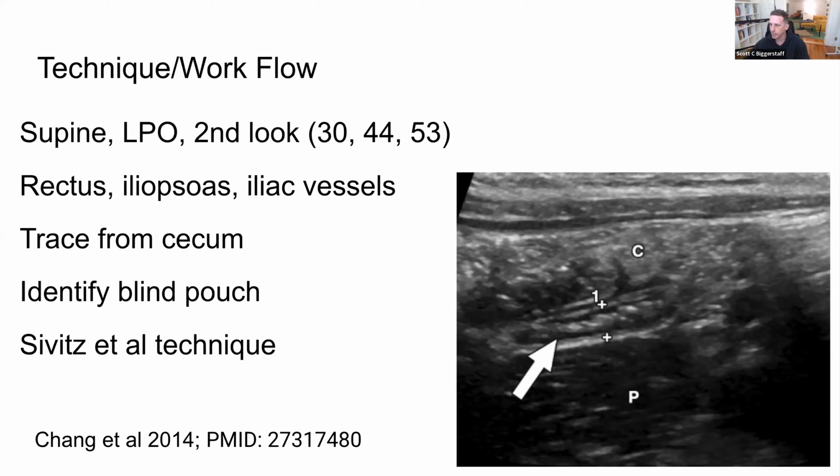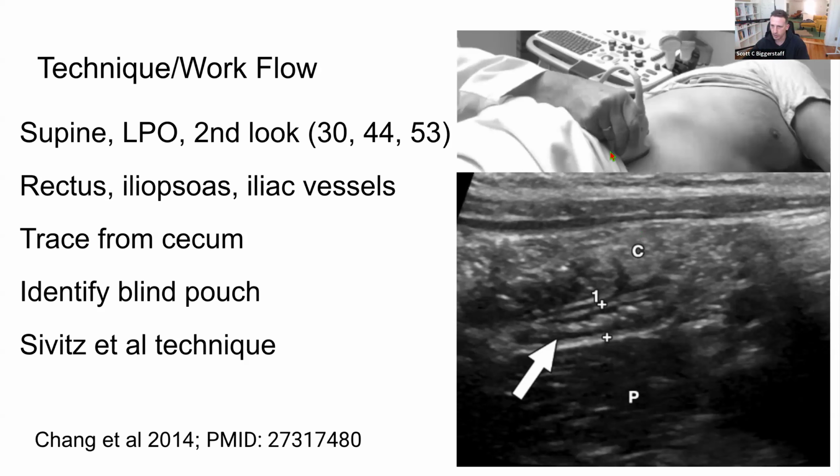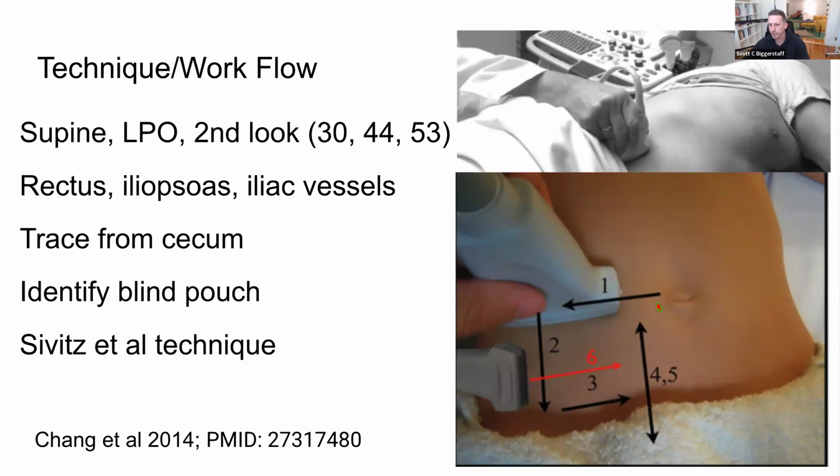Look for where it ends in the blind pouch, and then migrate over towards the midline. The Civets technique, this is a look at that LPO view, by the way, is described here. It's basically a spiral in that right lower quadrant, starting at the level of the umbilicus in a transverse view, and then going down.